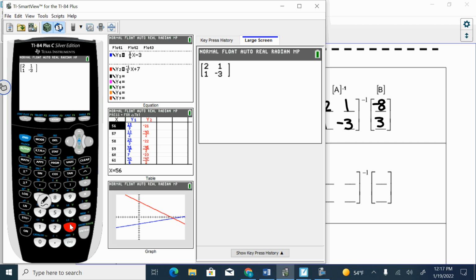Everybody got that so far? We're good there? Okay. So once you have done that, you then arrow outside of the matrix. So move your arrow over so that it's outside over here. And it says to press the X to the -1 button. So that's this one right here under the word math.